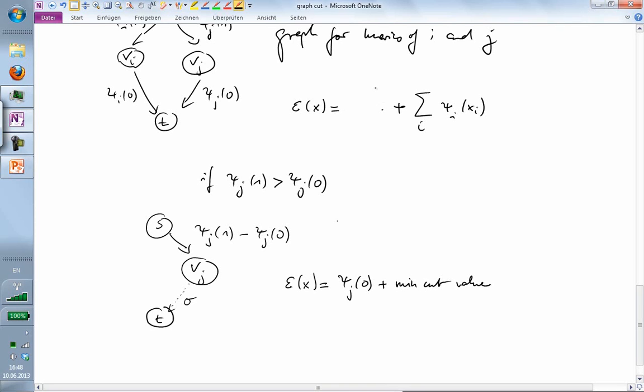If previously I had a 0 here. Because if I now cut here, the cost of this cut is 0, but I wanted to represent the same energy, so I have to update the constant in my energy function.